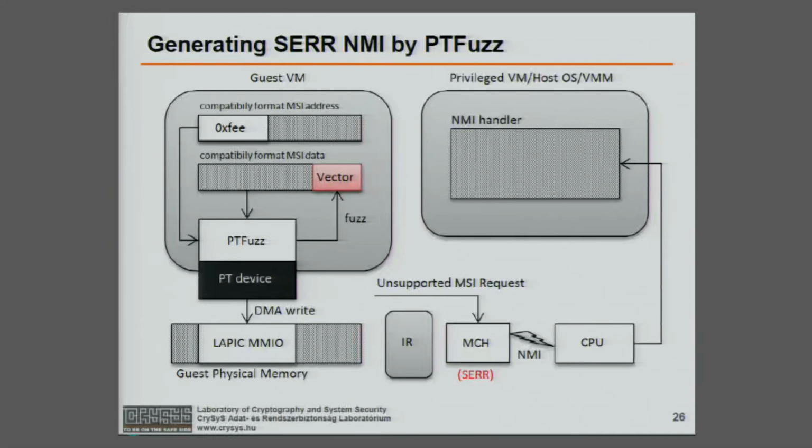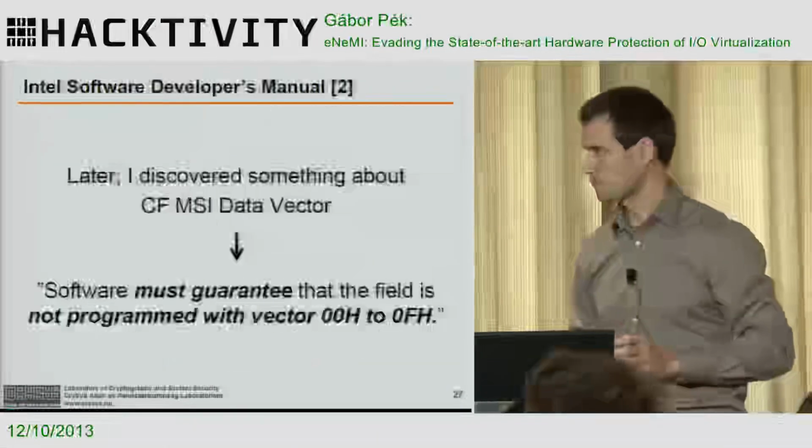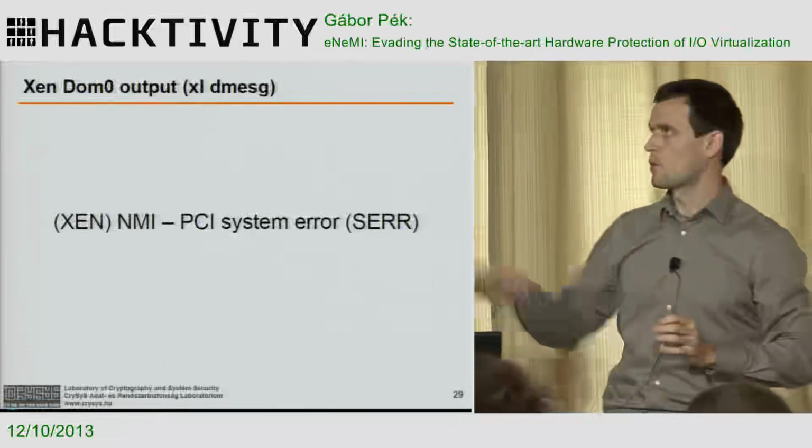So the memory controller hub gets into the state of system error, and as a result of the system error, a non-maskable interrupt is generated, and this non-maskable interrupt is triggered to the CPU, and the corresponding NMI handler is going to be executed.